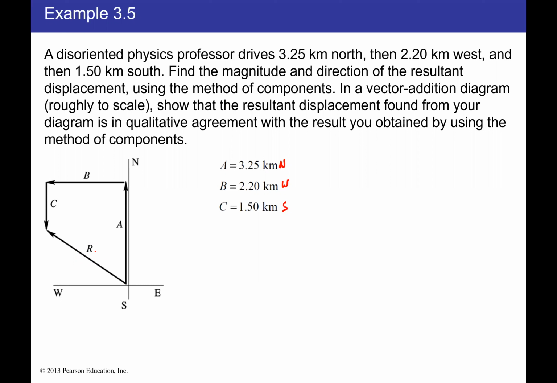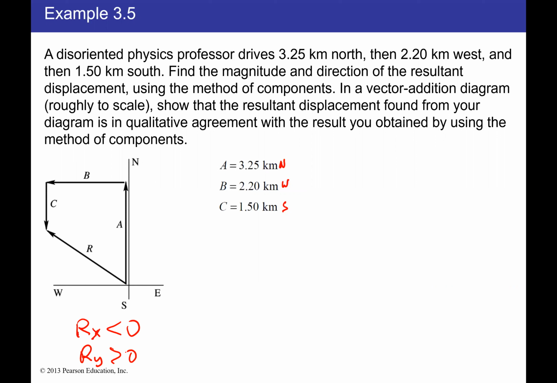For example, when I look at vector R, I can see that it is in the second quadrant, which means when I find its components, the X component should be negative and the Y component should be positive. We should verify that. That means Rx should be negative and Ry should be positive.